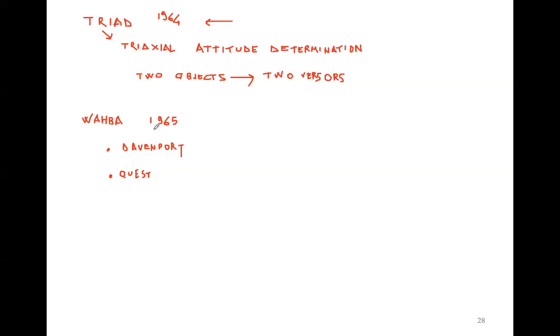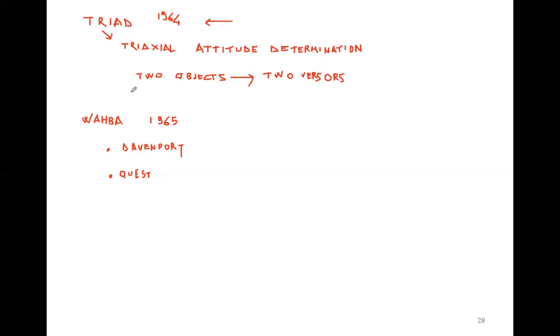If you have more than 2, you can use the Wahba problem. But if we need to use, for example, gyroscopes that measure the angular velocity of the spacecraft at different time steps, these two methods are not really well suited to that.